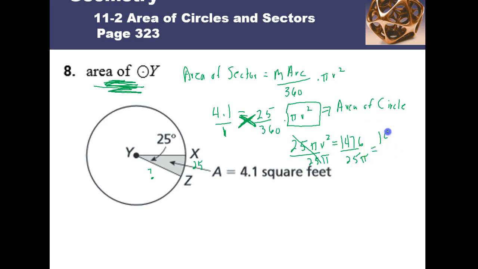You could do 1476 divided by 25 times pi, so 25 times pi on your calculator is 78.5398 blah blah blah. And then you could do 1476 divided by that answer. Let me write this down. It was 78.5398, blah, blah.